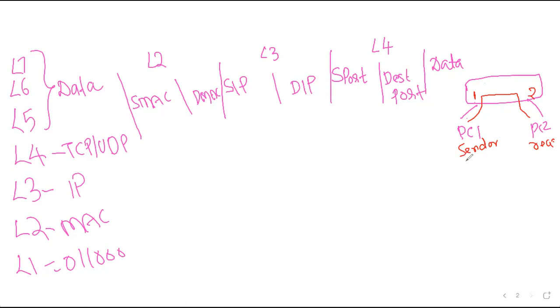PC1 will have the MAC address, which is 48-bit binary or 12 hexadecimal digits. For example, I'm going to write the sender MAC address 1111.1111.111A, and here 1111.1111.111B. The MAC address will always be unique. Now the sender needs an IP address, which is 10.0.0.1, and this is 10.0.0.2.